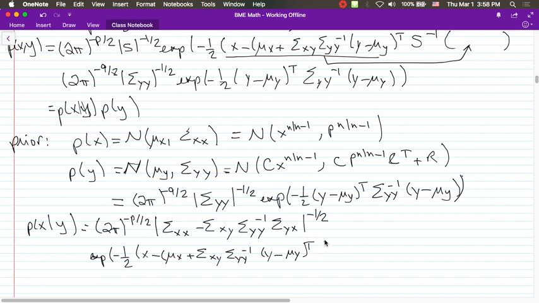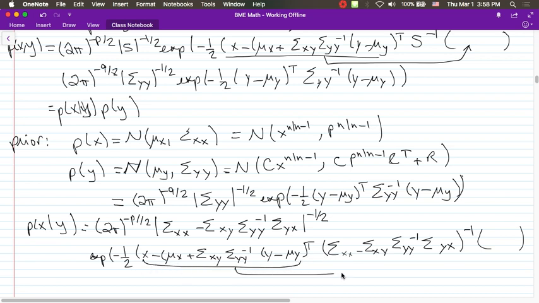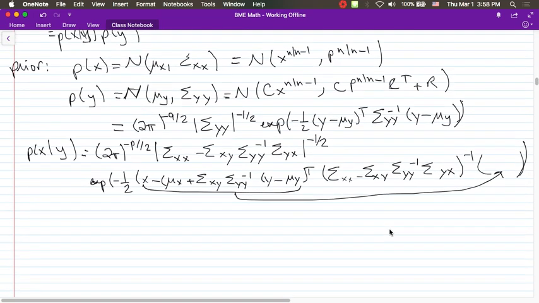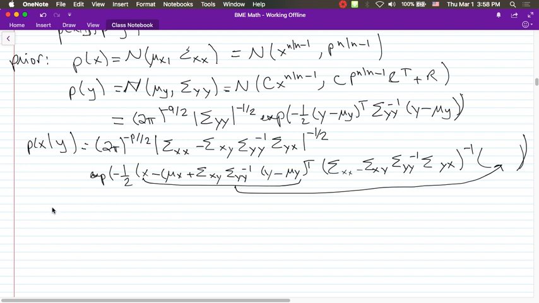Times sigma xx inverse. So what I have is that we have this prior, which is a normal with mean x of n given n minus 1 and uncertainty P of n given n minus 1.